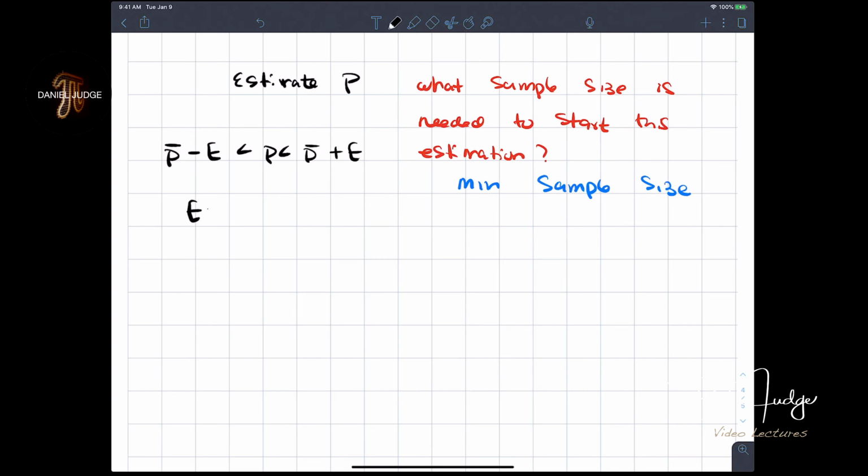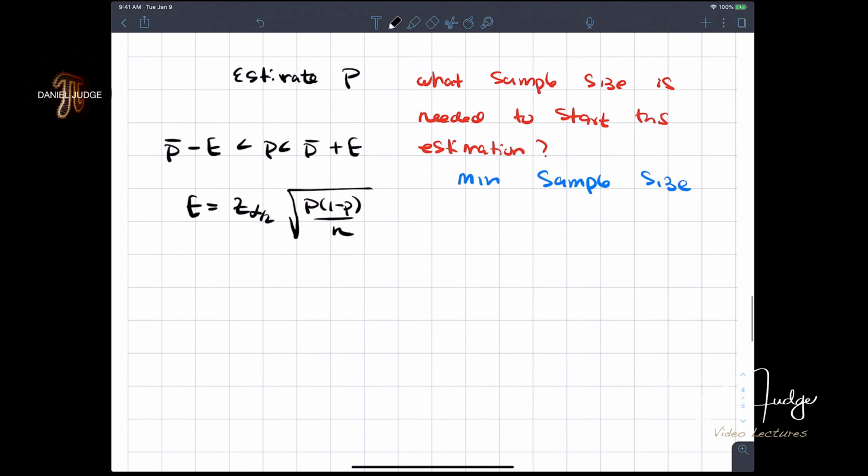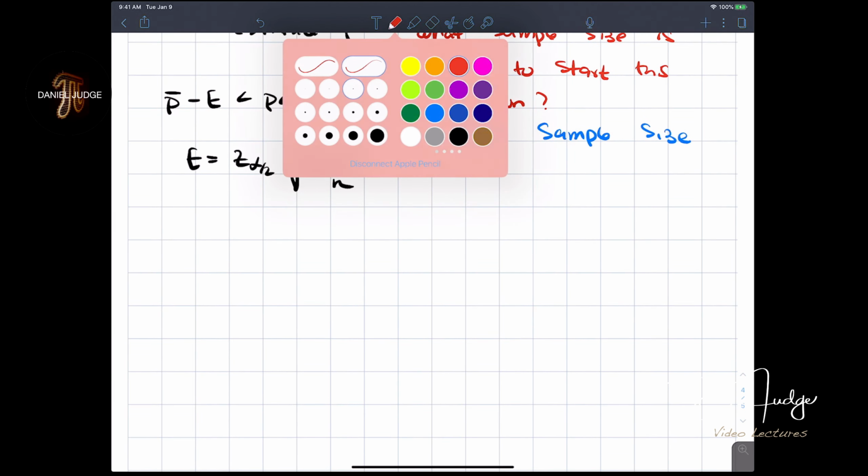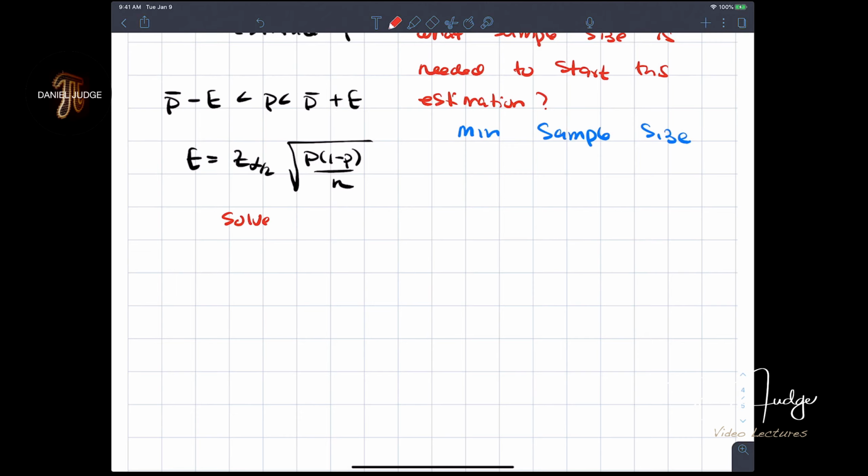And the margin of error again here was Z alpha over 2 square root P 1 minus P over N. So that's your error formula. However, what I'm going to do again here is I'm going to use algebra. I'm going to solve for N.